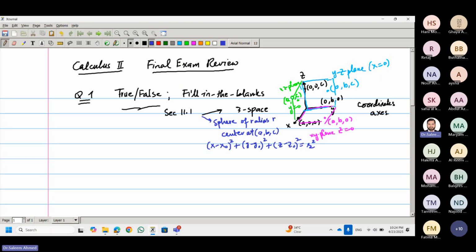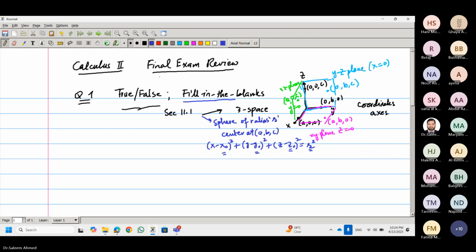So if the radius is r, then you have r squared on the right side. I can ask you, okay, this is the equation of a sphere, write the center and the radius. That can be a fill in the blank type thing. So a sphere has radius, blank, center, blank. You can write the center and radius from the equation. These types of questions can be in fill in the blanks.